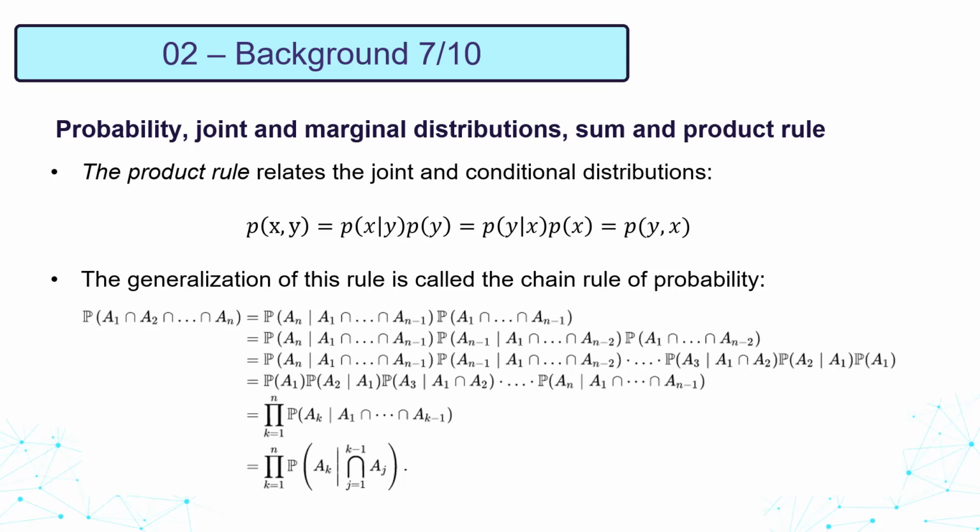The generalization of this rule is called the chain rule of probability, which is very similar actually to the chain rule of derivatives. If you have X, Y, Z, or N variables, you can just apply this idea by taking a single one of the variables out and conditioning on the rest. As you see here, for example, if you have from A1 to AN, A1 is going to be your unique marginal, and then you're going to have A2 depending on A1, A3 depending on A1 and A2, and so on and so forth.